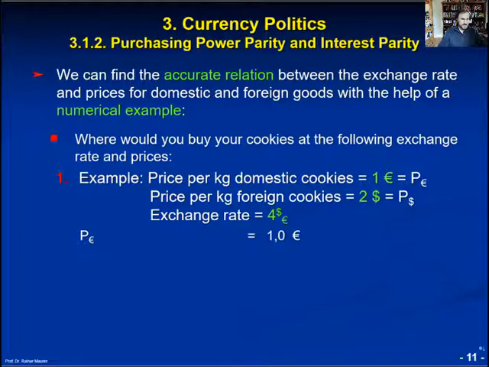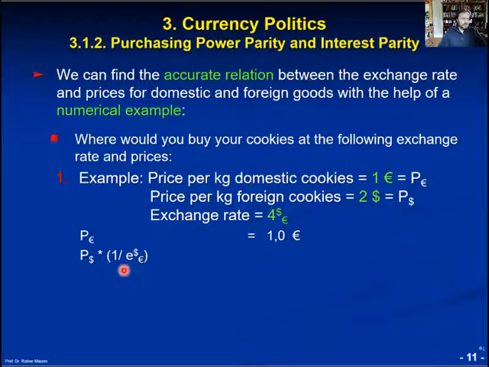So here we have not to make any calculations. To express the price of American cookies in euro, we have to do a simple calculation. We have to transform the dollar price of 1 kilogram cookies into the euro price.